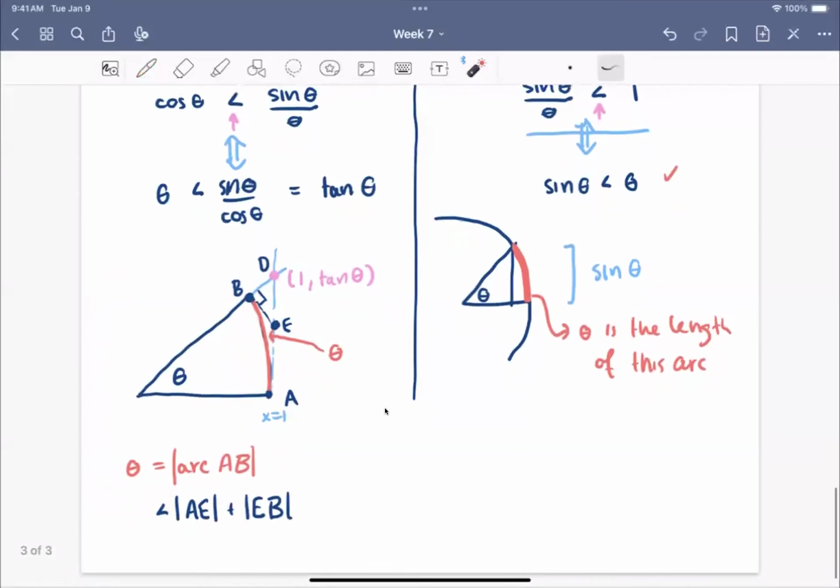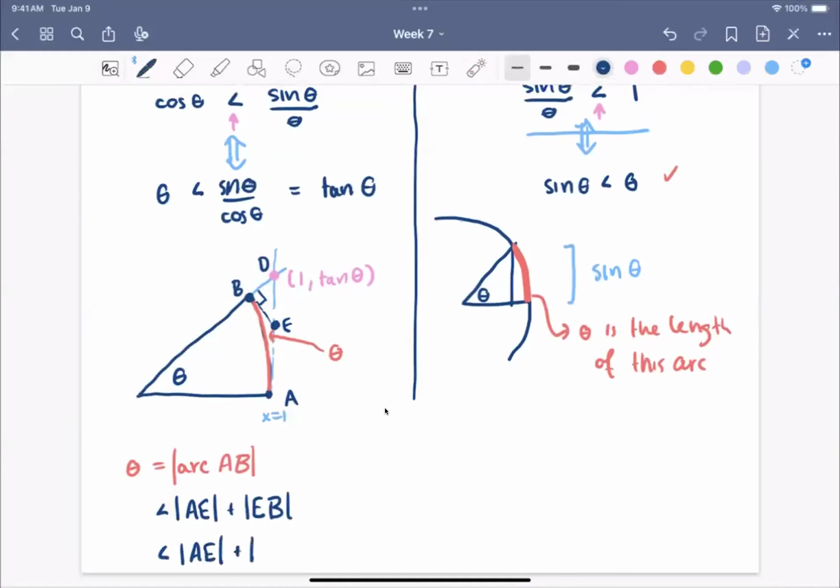And then we can also see that EB is shorter in length than ED, because ED is the hypotenuse of a right triangle involving a leg EB. So I can replace this. So again, this is less than, I'm leaving AE alone.